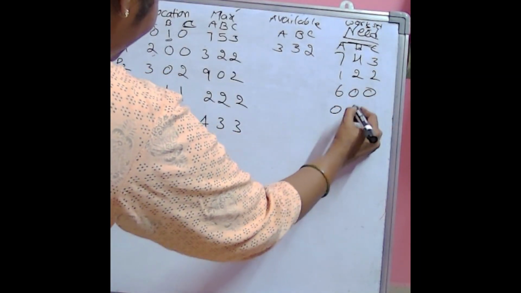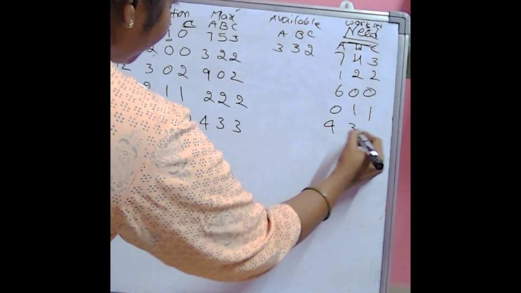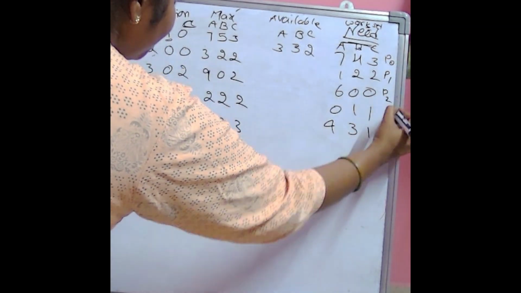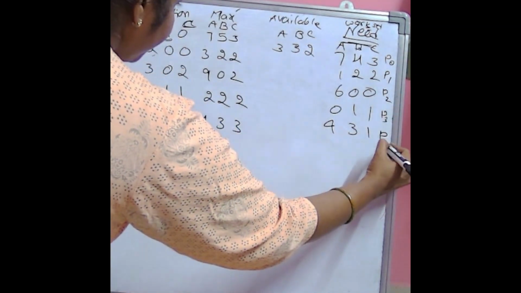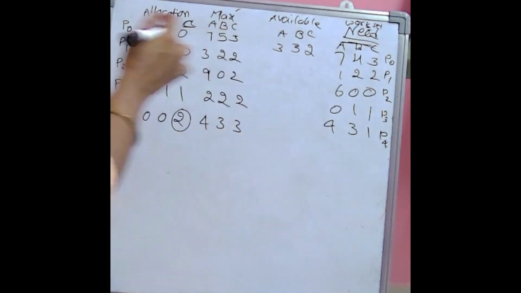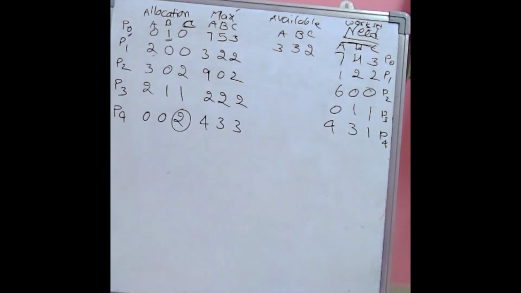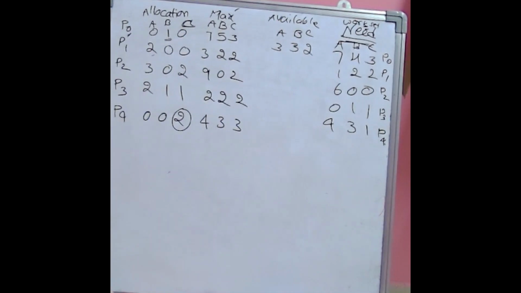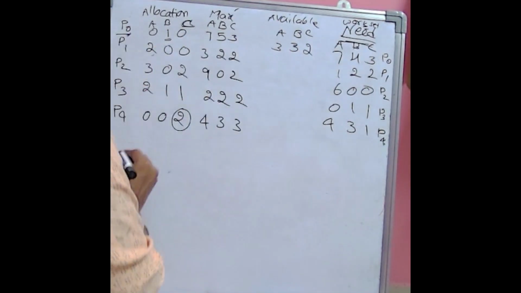Clear till this point? Yes, ma'am. This one is P0, P1, P2, P3, P4. Okay, need. So we'll check for every process whether the required resources are available with the system or not. First we'll start with P0.